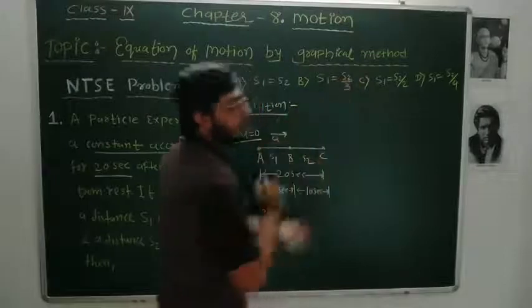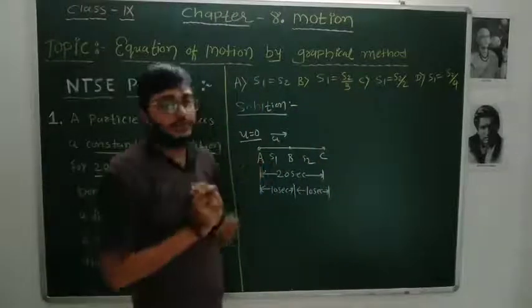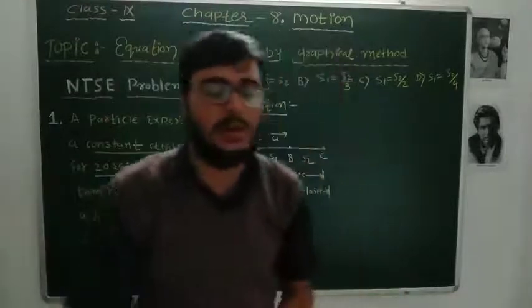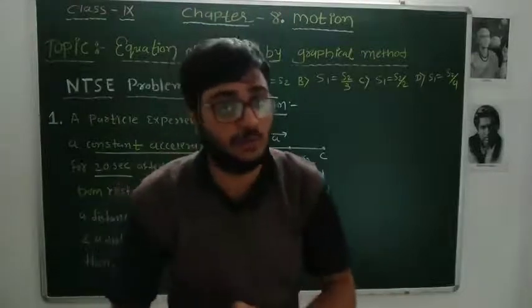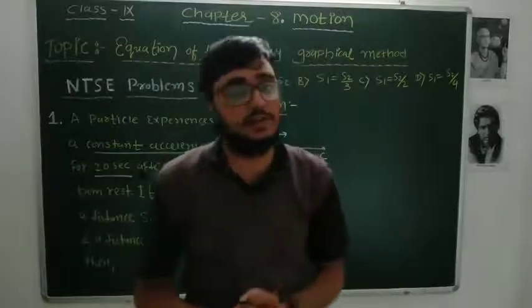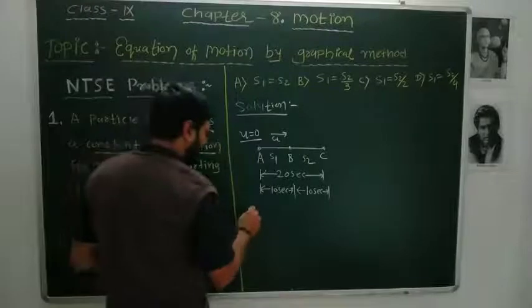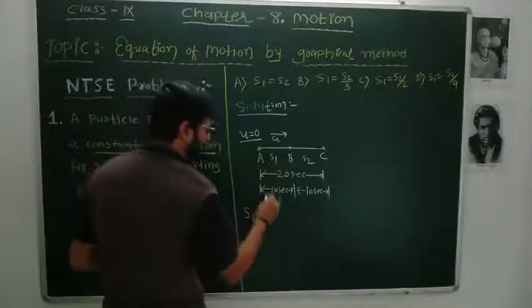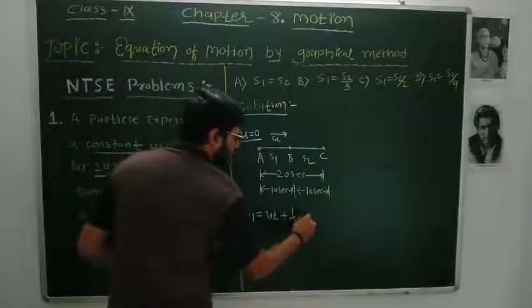First of all we define s1 and s2. We know how to find the displacement from the second equation of motion, that is s is equal to ut plus half at square. Here we use this equation. First we need to find the displacement s1, s is equal to ut plus half at square.